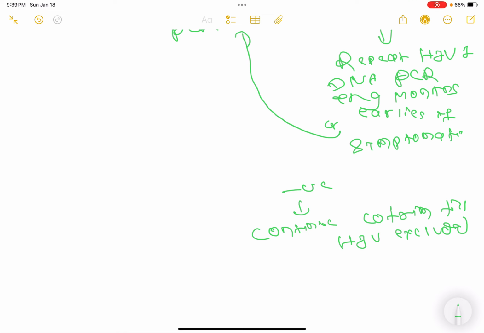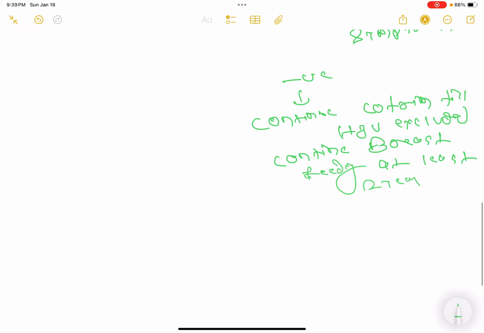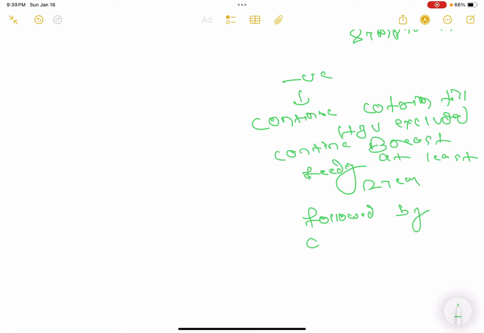Continue breastfeeding for at least 2 years, followed by gradual stoppage over 1 month.